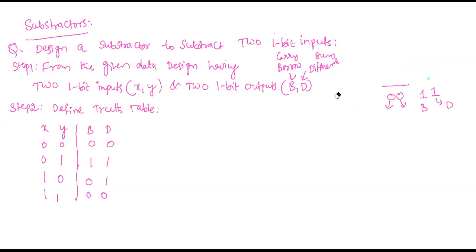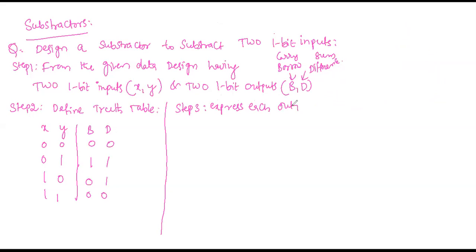Next, step 3. Express each output in terms of inputs. We have 2 outputs, one is borrow, one is difference.